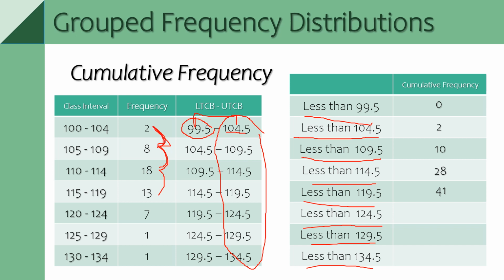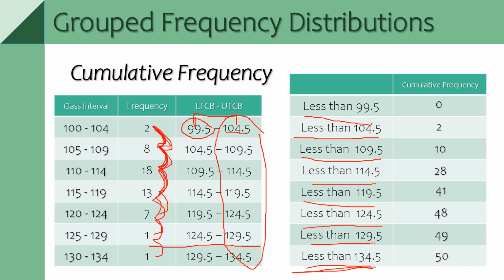So, 2 plus 8 plus 18 plus 13 plus 7, so we have 48. Okay, how many are less than 129.5? So, we have 2 plus 8 plus 18 plus 13 plus 7 plus 1. We have 49. And the last one, how many are less than 134.5? So, 2 plus 8 plus 18 plus 13 plus 7 plus 1 plus 1 is equals to 50.